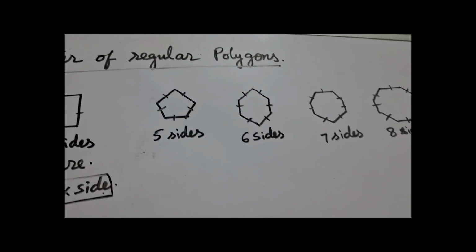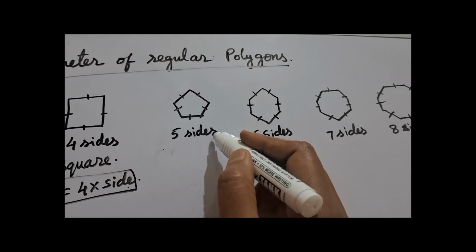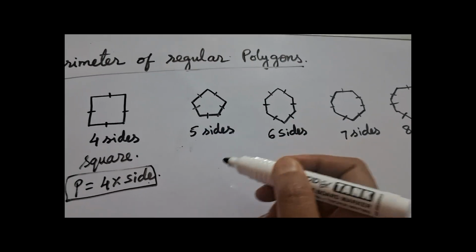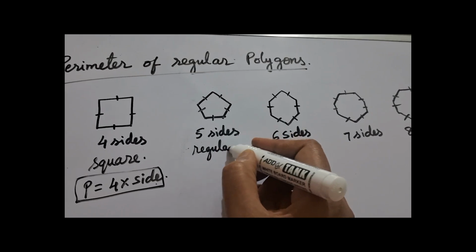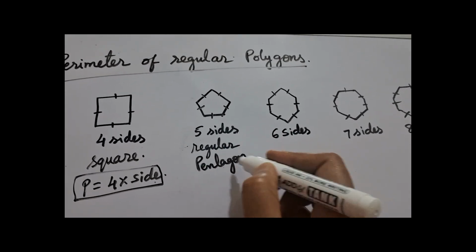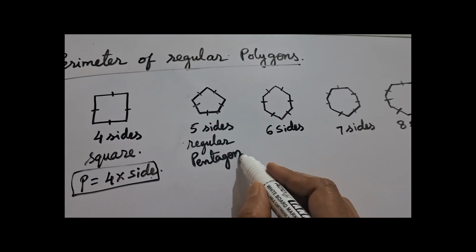Now coming to 5 sides. This figure is having 5 sides and all sides are same, equal length. Then this one is called as regular pentagon. A polygon which is having 5 sides is called as pentagon.